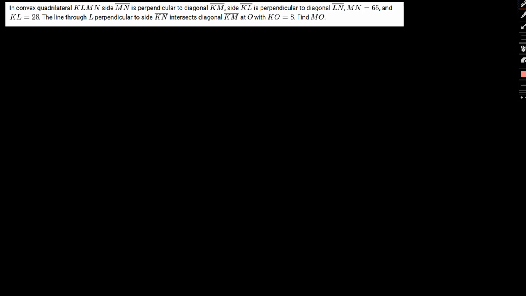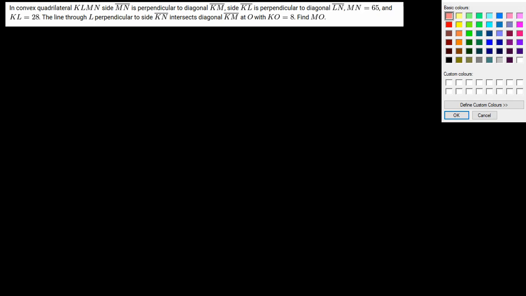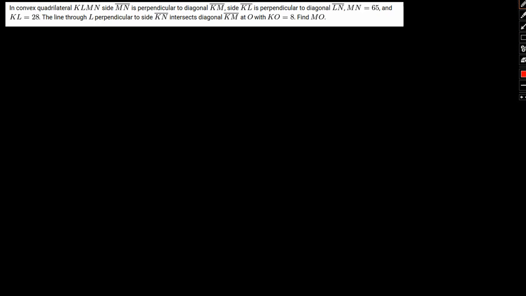So let's try and draw the diagram for the same so that we can have a better idea. So the diagram KLMN. Okay, so let's draw a quadrilateral first. See, this is a quadrilateral KLMN.